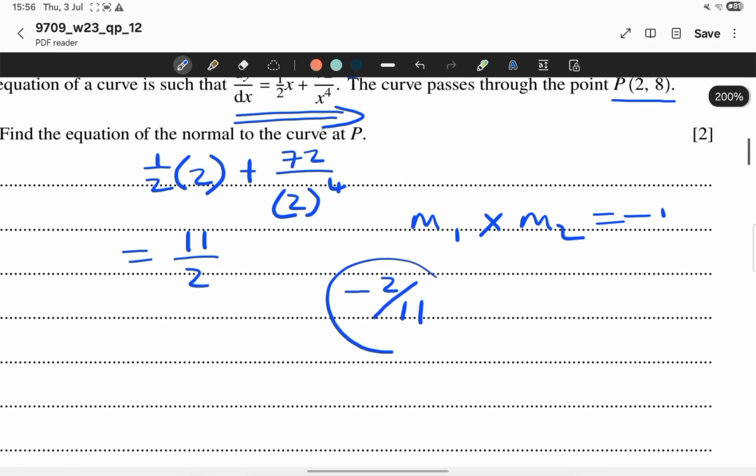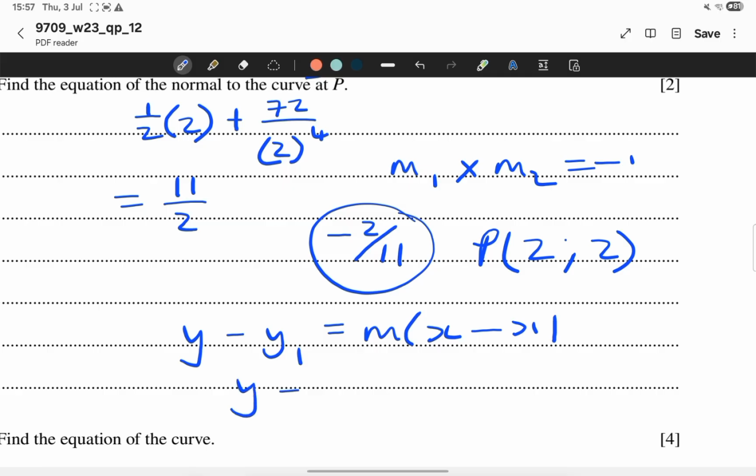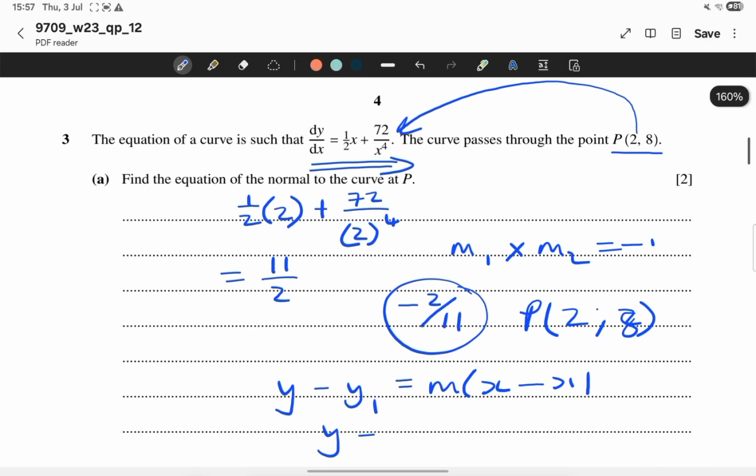So using this as the gradient of the normal at point P and the point P itself, we can get the equation. So we use y minus y1 is equal to m(x minus x1), right? Then y minus this should be 8.